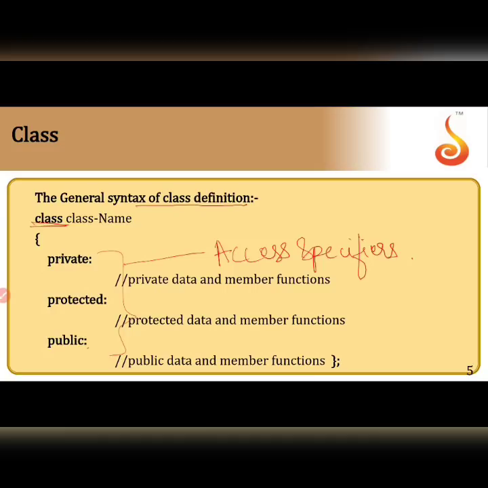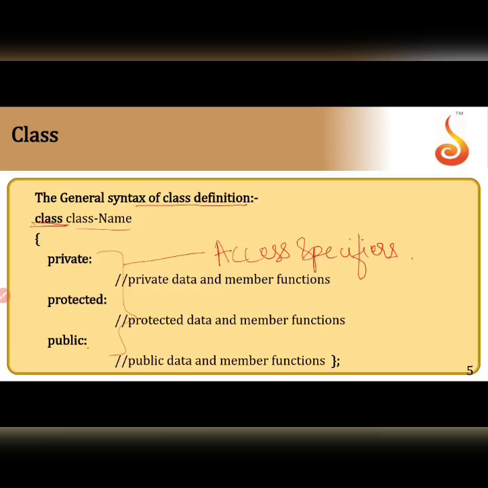Then a keyword. Class is a keyword and it has to be written in lowercase only. Class is a keyword and the class name is any identifier or a user defined name. So you need to follow all the rules applicable while naming identifiers.